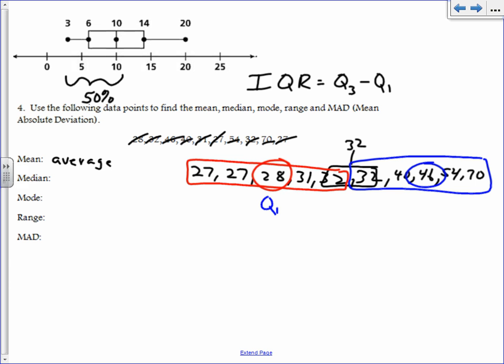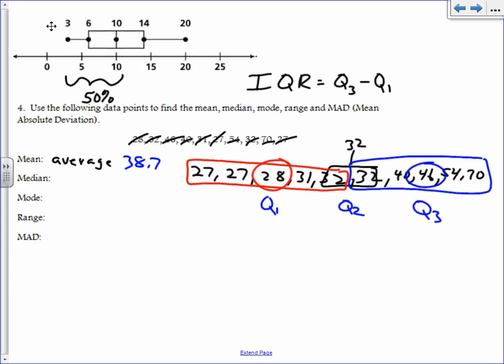Q1, Q2, Q3. We just don't use this reference a lot. We'll say that it's the median instead of Q2, but it's the same concept. Just like Q1 is the lower quartile and Q3 is the upper quartile. What was the average, by the way? 38.7.